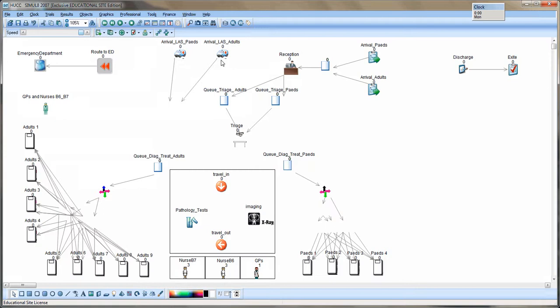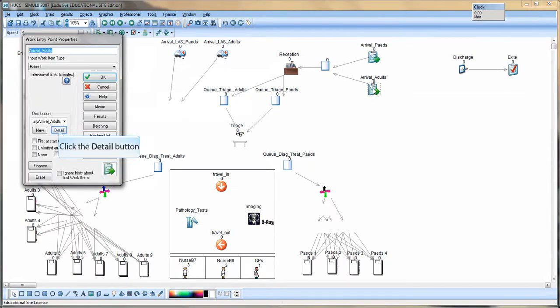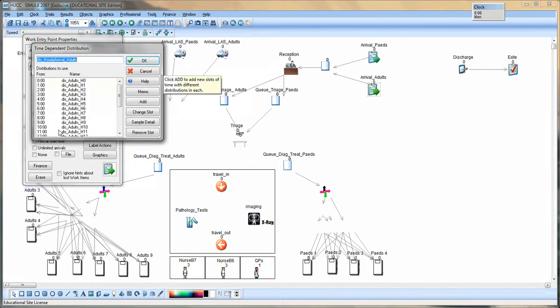Furthermore, the inter-arrival distributions were designed by hour. Let's have a look. For instance, for adults, you can see that for every hour we have defined a distribution.